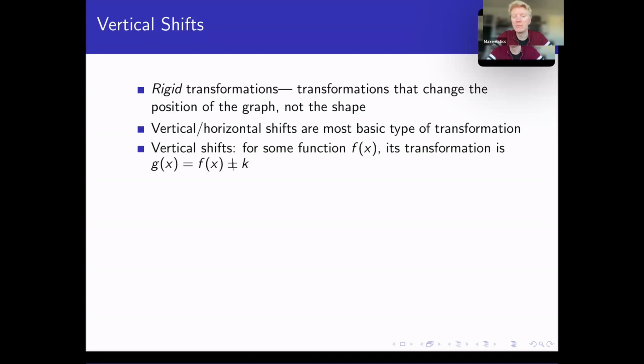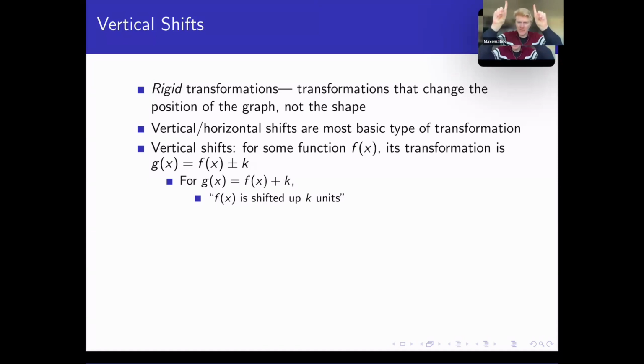Now the big thing here is that this plus or minus k is on the outside of the function. We're going to see some stuff where stuff happens on the inside, but for now, this plus or minus k is on the outside. If you have f of x plus k, that means you are taking your graph of f of x and shifting it up k units.